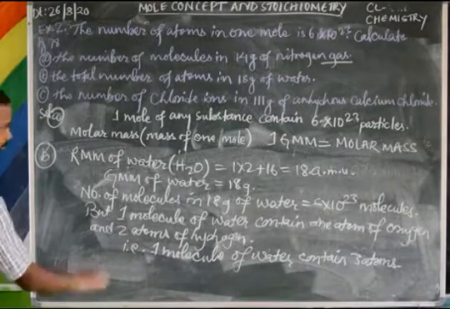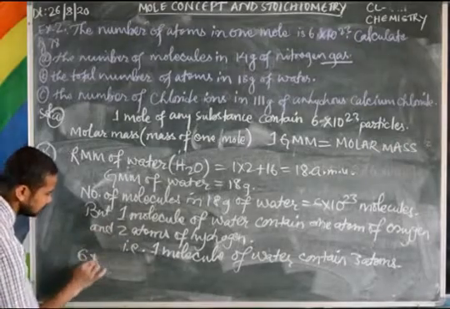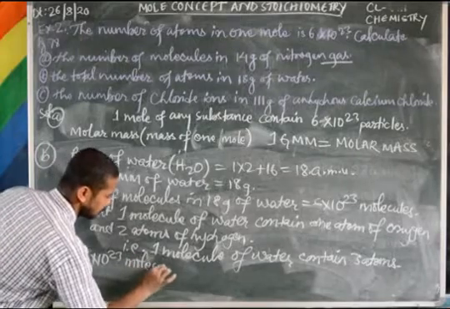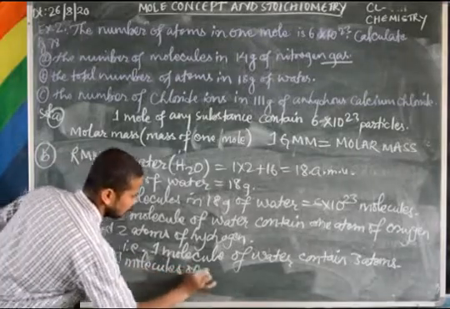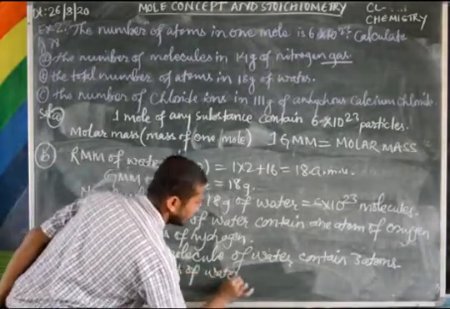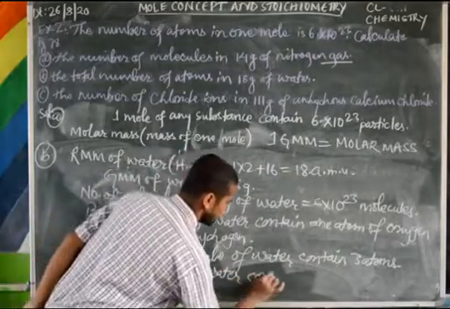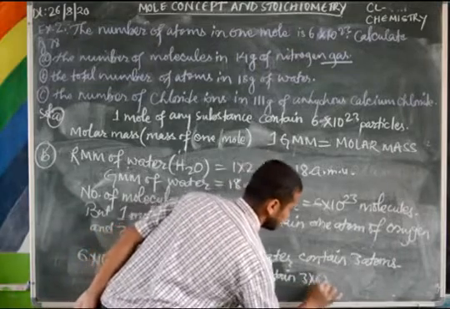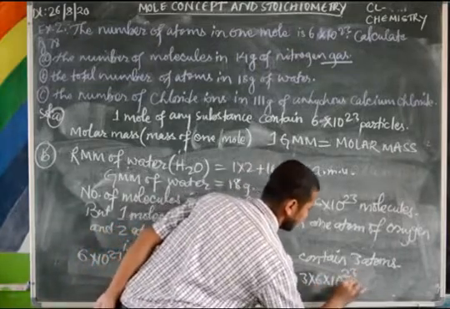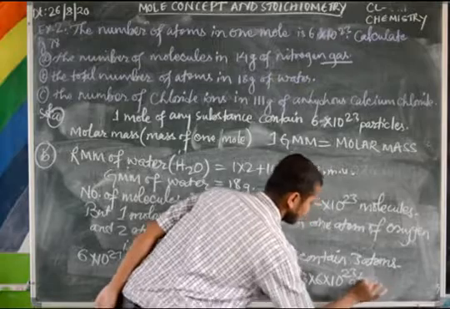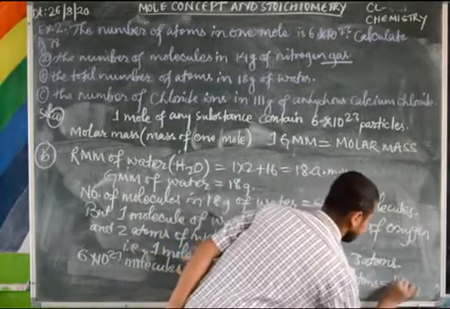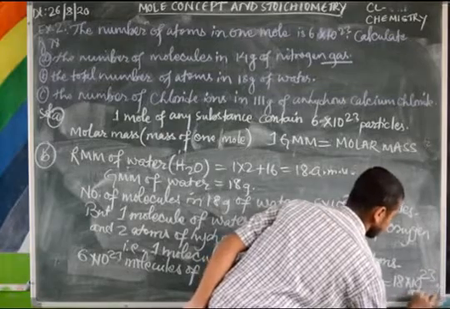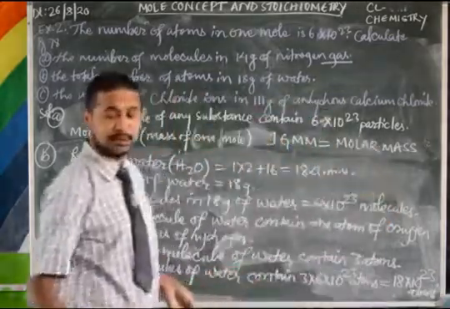Then 6 into 10 to the power 23 molecules of water contain 3 into 6 into 10 to the power 23 atoms. That is equal to 18 into 10 to the power 23 atoms. So this is how you do.